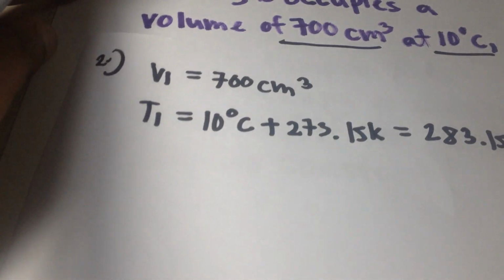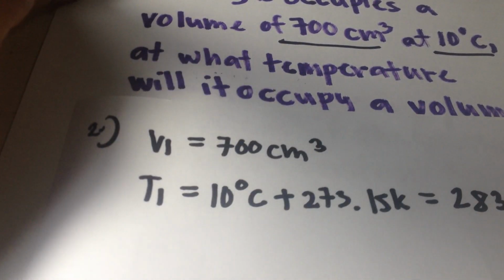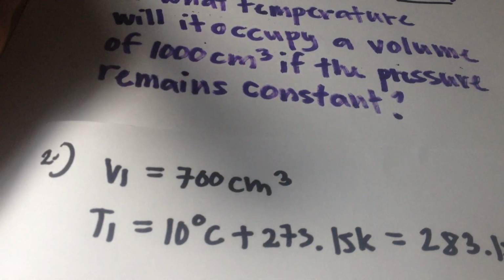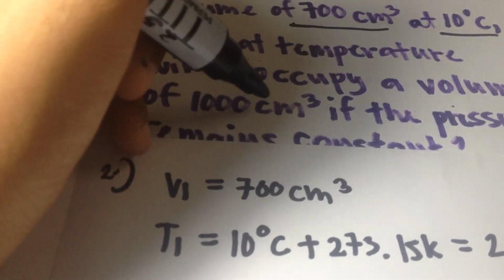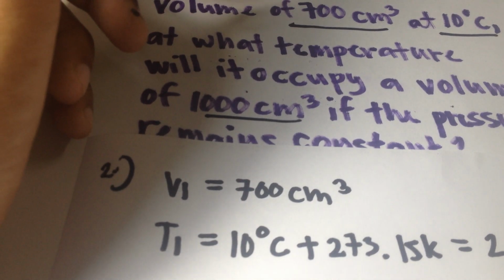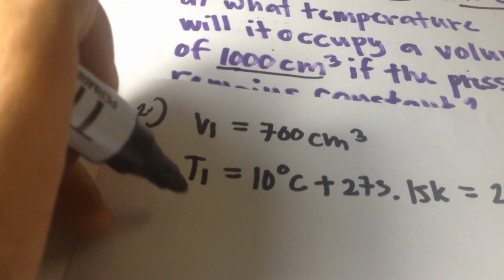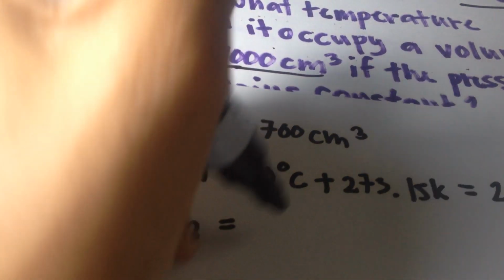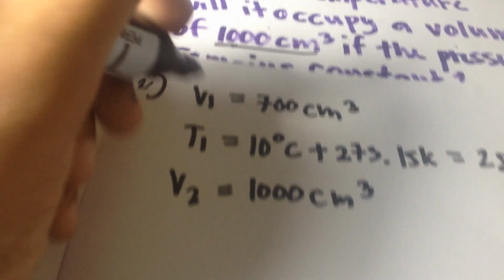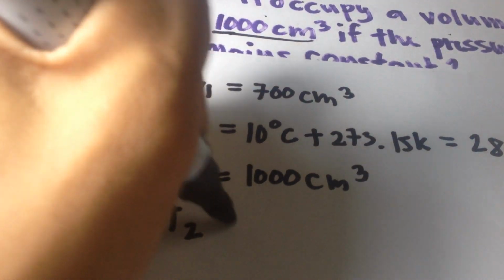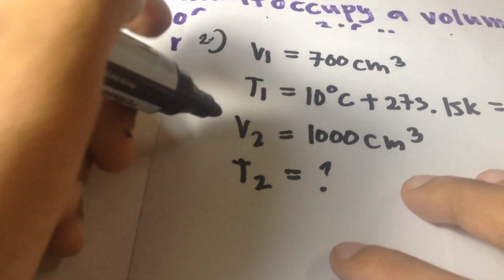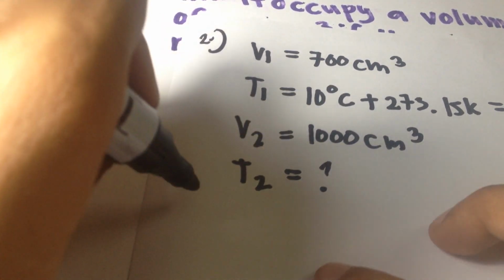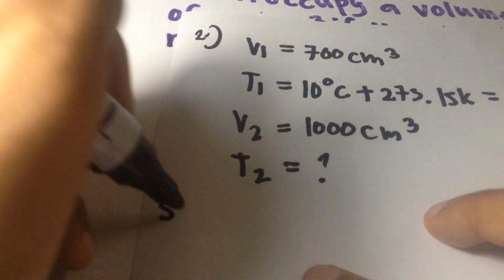And volume 2 equals 1000 cubic centimeters. The temperature 2, or the final temperature, is unknown, so we need to solve that. Solution.